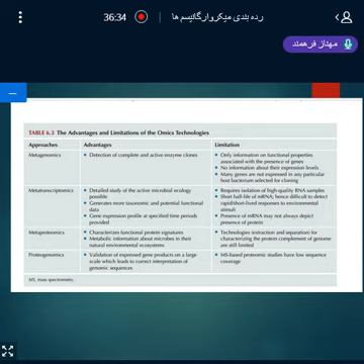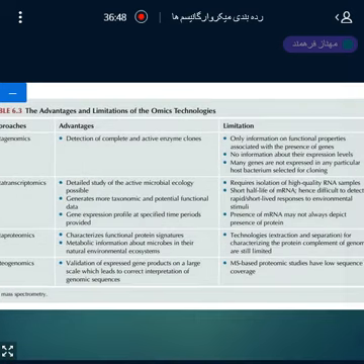You can see only information on functional properties associated with the presence of gene. Another limitation is no information about their expression levels, and that is not good because we don't have any scale, any measurement for their expression level.